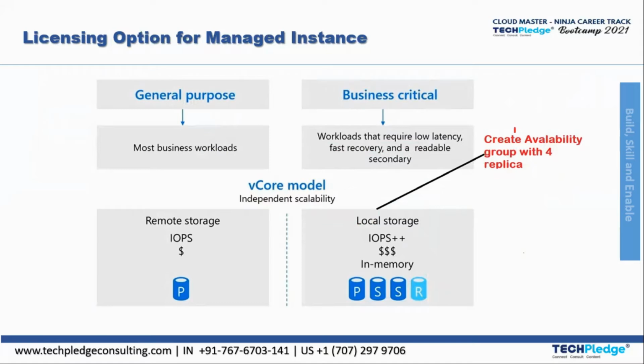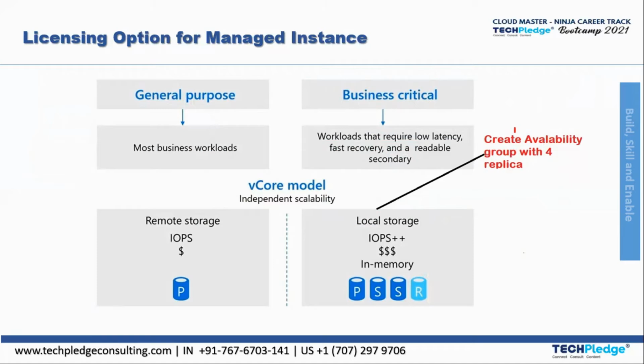Even if anything happened, one of the data centers crashed or our data went missing, this business critical licensing option offers storage that creates 4 copies. Whatever happens, my data is safe.